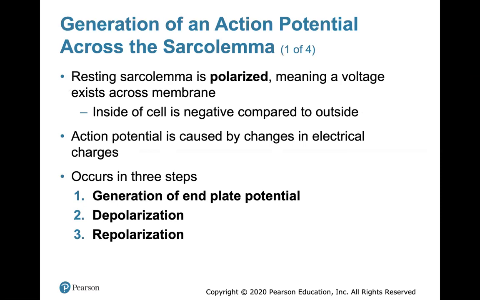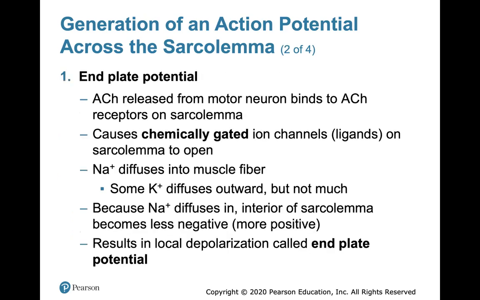The inside of the cell is negative compared to the outside, and the action potential is caused by changes in electrical charges. This occurs in three steps. We generate an end plate potential, then we depolarize the cell, which means we send an electrical signal through it, and then repolarization means we get the muscle fiber cell back to normal.